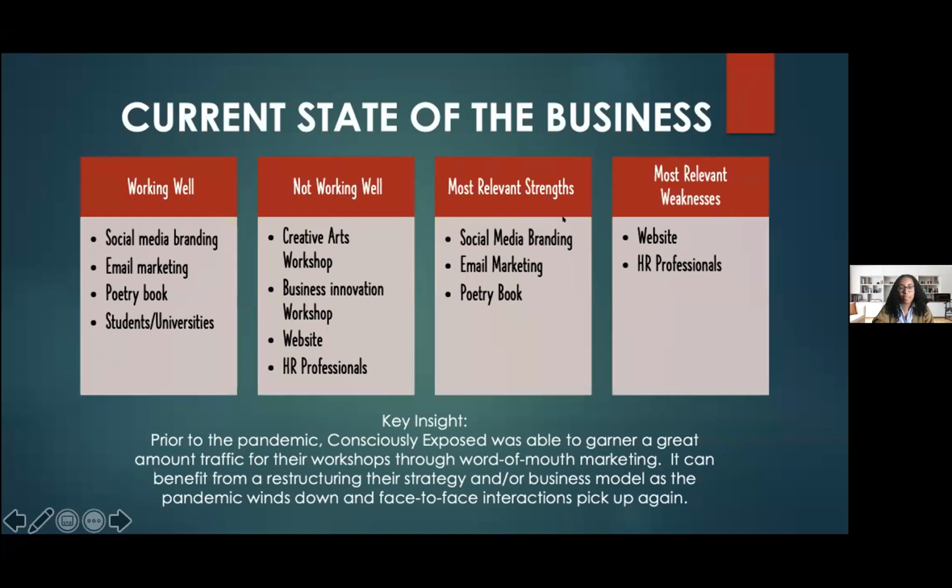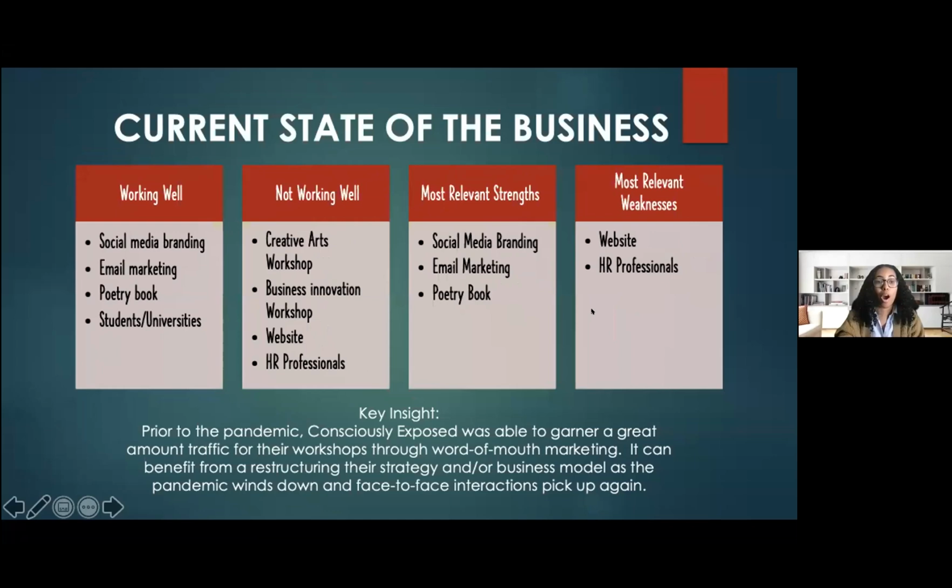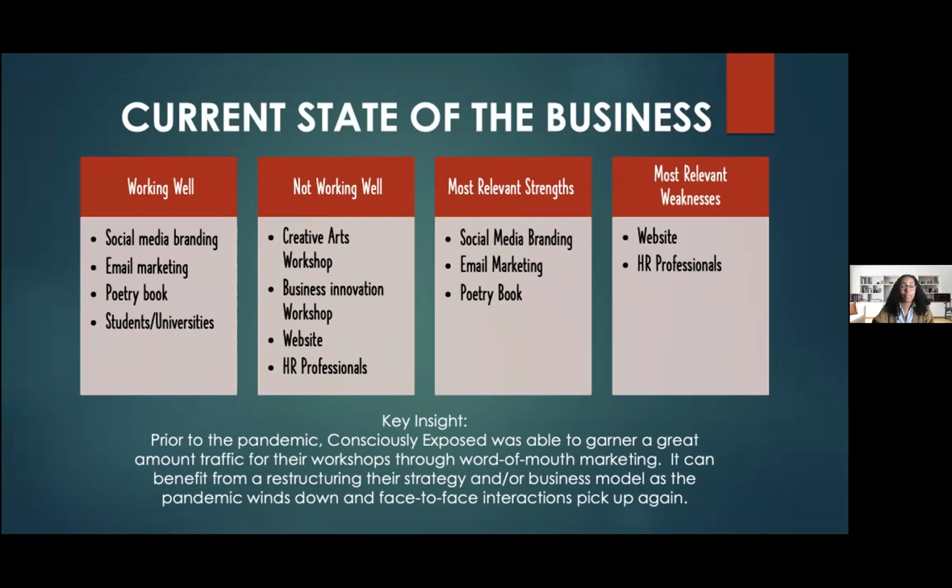So the current state of the business: like I just mentioned, prior to the pandemic they were offering all of these workshops in person. But unfortunately, going into a digital sphere, it's been a little difficult to find clients and get them to attend the creative arts workshop and the business innovation workshop.